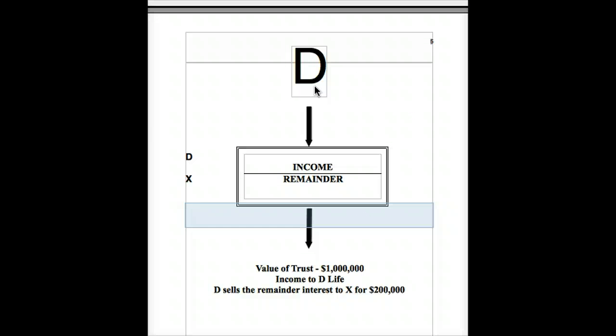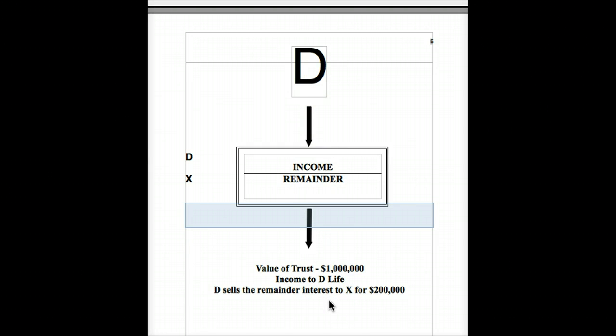So the courts have held that a payment for the remainder for full and adequate consideration in money or money's worth is sufficient to keep the property out of the decedent's estate. And a payment of the actuarial value of the remainder is considered received for full and adequate consideration.